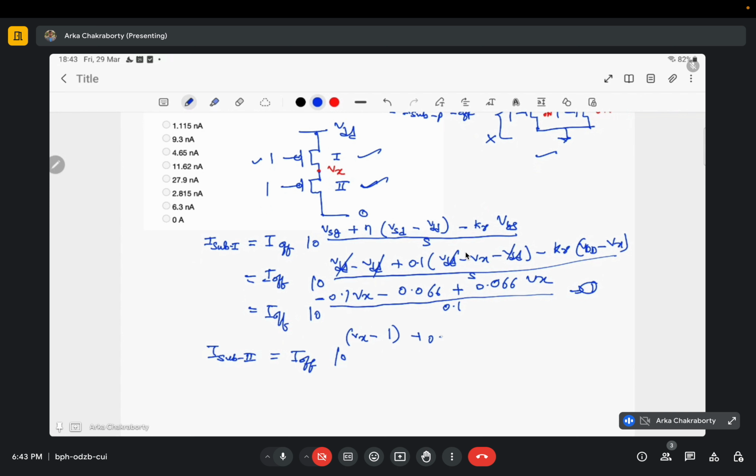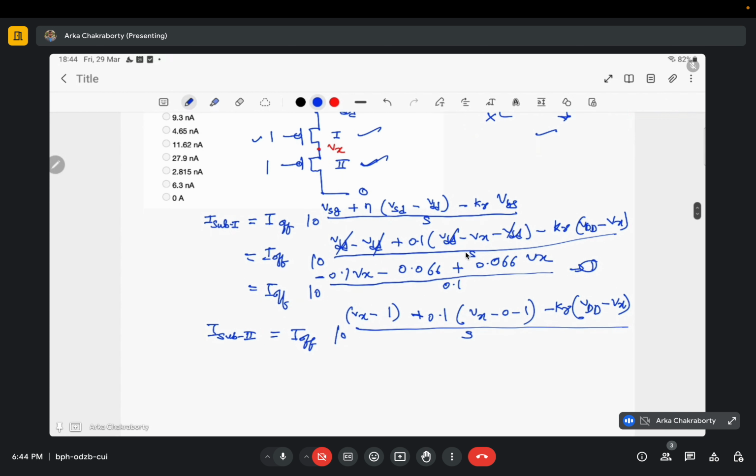Vx minus 1 plus eta is 0.1, VSD, Vs is Vx, Vd is 0, minus VDD, minus K gamma, Vb would be VDD, Vs is Vx, whole divided by S. S is 0.1, so it will become I0 10 to the power, if I solve it, Vx minus 1. Well, let me keep it like this only.